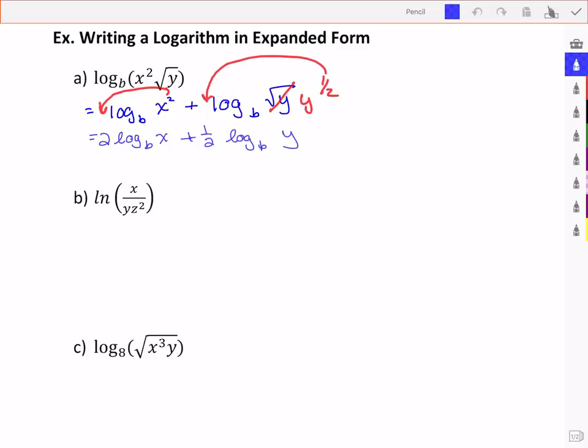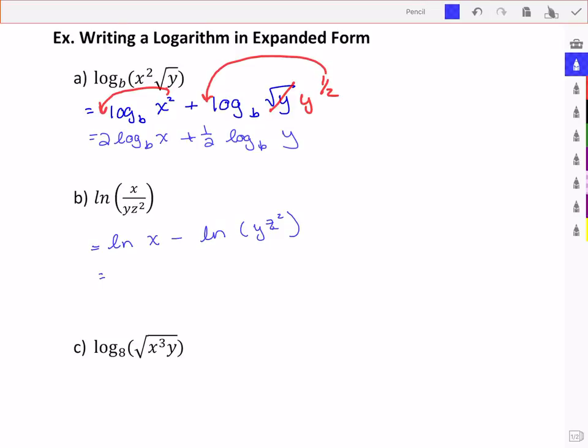I'm going to do another one. Natural log of x over yz squared. All right, so that's going to be equal to natural log of x. Because it's divided, I'm going to say minus the natural log of yz squared.